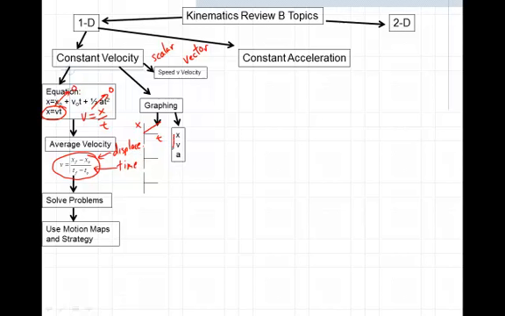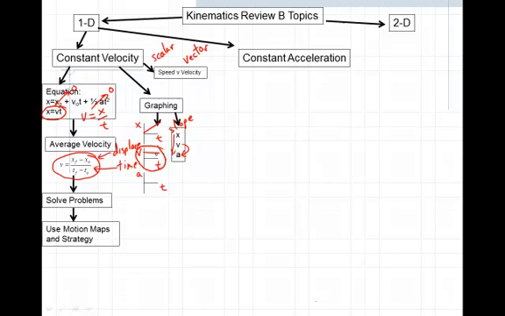And now I've got to go from velocity to acceleration. So in my acceleration time graph, I would go back and look at my velocity time graph, and that velocity time graph has a 0 slope. So I replace the word slope with acceleration, and that would mean I have a 0 acceleration. All right?